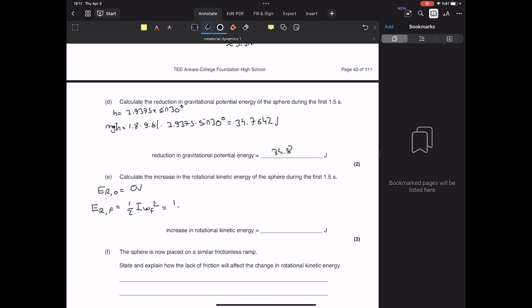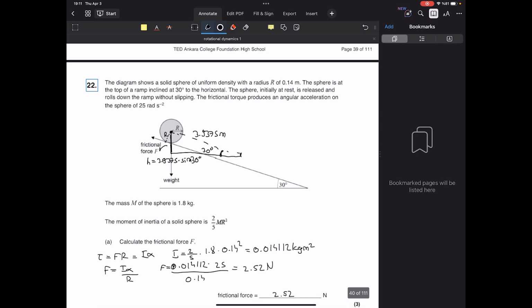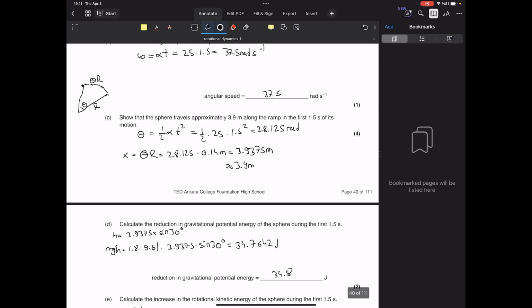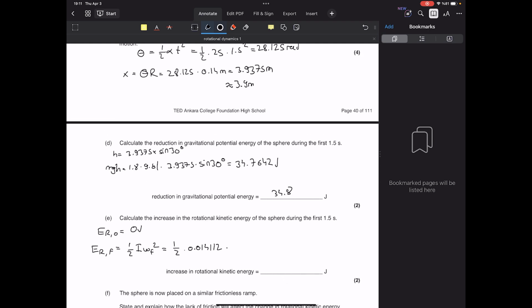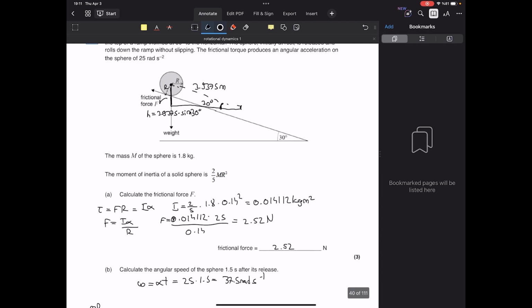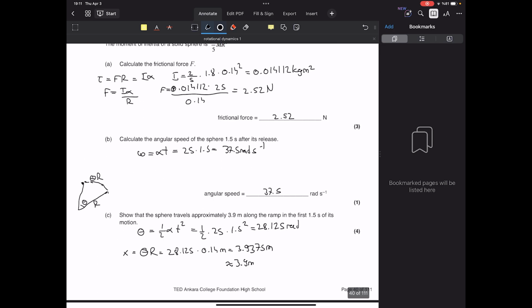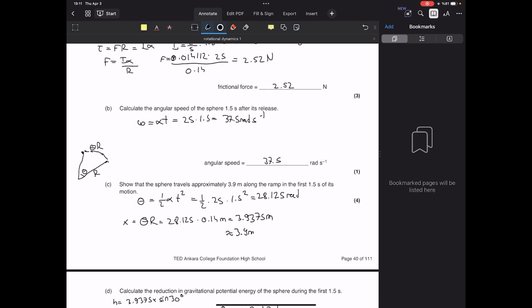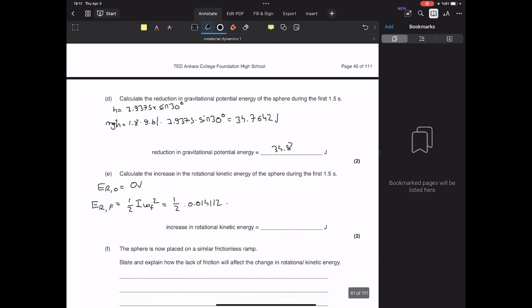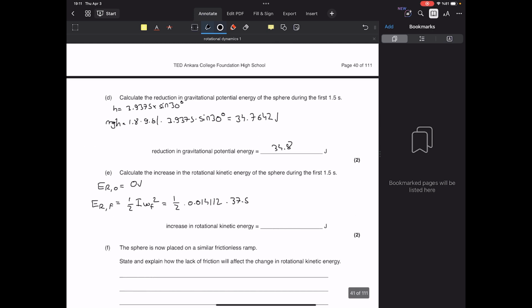be 1/2 times, we found I earlier as 0.014112, times the angular speed, which is 37.5 radians, and that's squared.